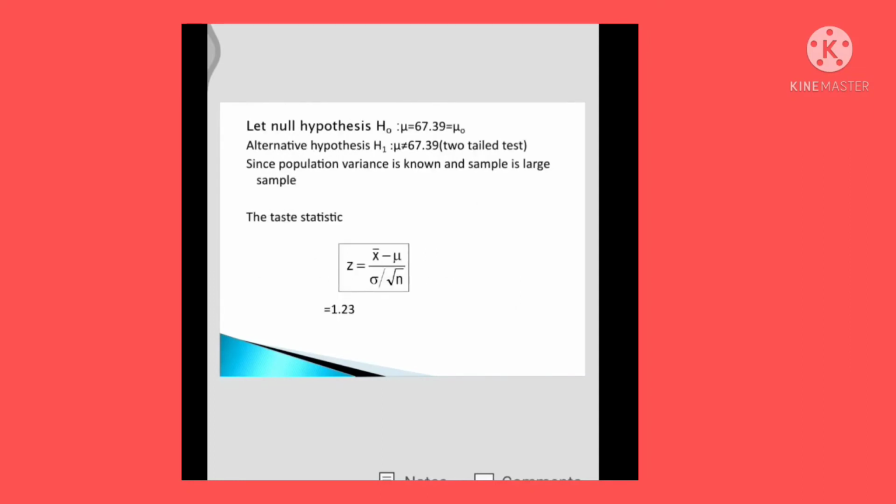Let us set the null hypothesis. Let the null hypothesis H naught be mu is equal to 67.39.